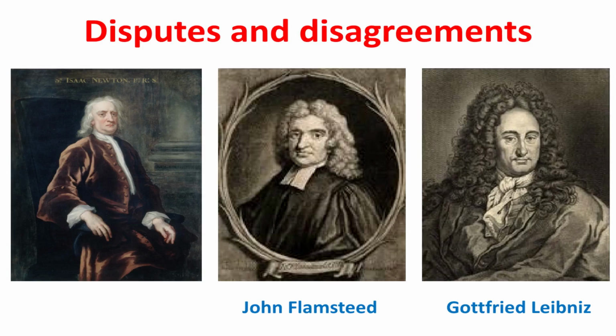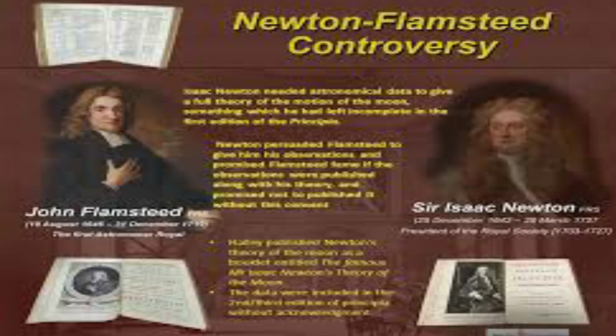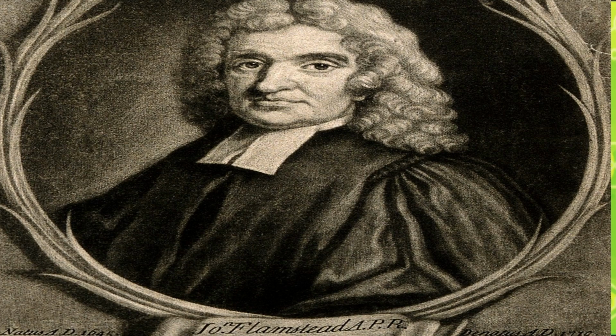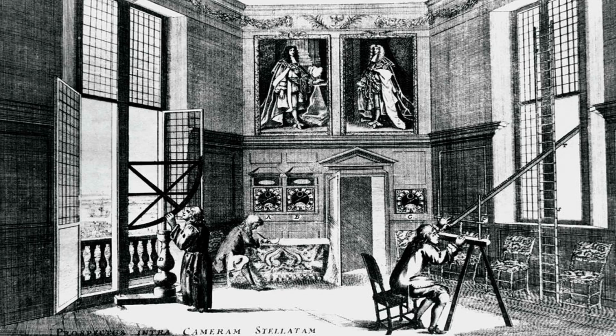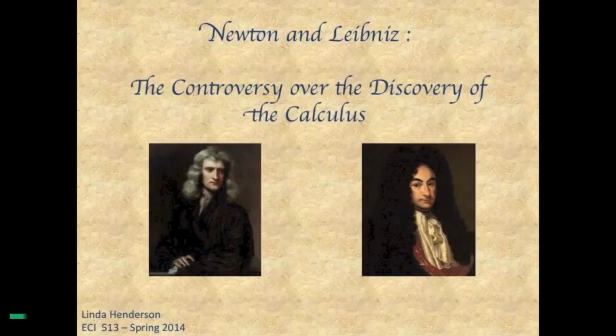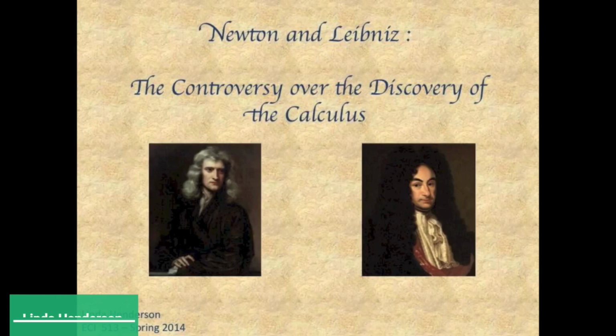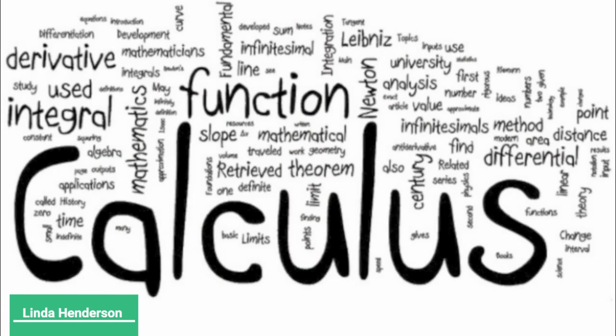But one thing that continued was his capacity to take offense and to become involved in arguments. One of these was a major disagreement with John Flamsteed, the first Astronomer Royal, over access to Flamsteed's astronomical observations, but the most notorious dispute was with Leibniz over the invention of the calculus.